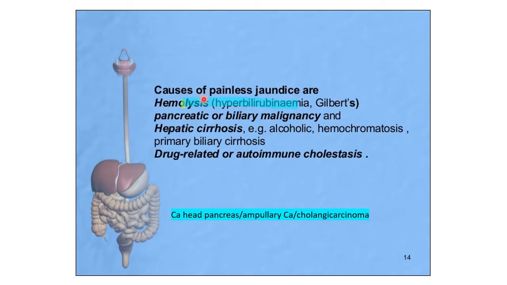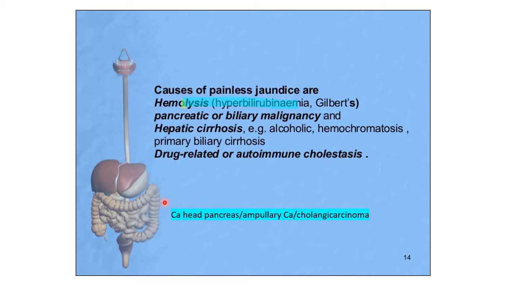Next we come to painless jaundice. These are the common causes: hemolysis, hyperbilirubinemia, pancreatic or biliary malignancy, which is the most sinister and most important cause that must always be looked for in patients with painless jaundice, hepatic cirrhosis, chronic enlargement of the liver, and also drug-related and autoimmune cholestasis.